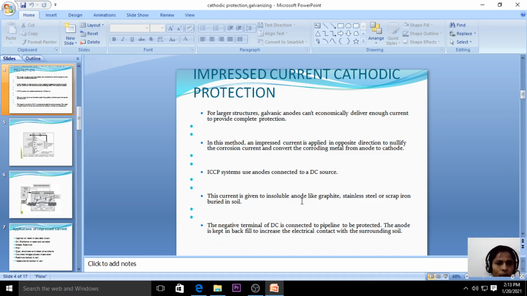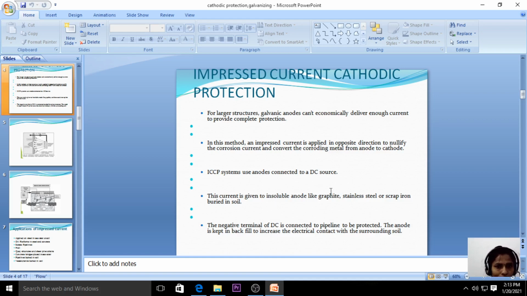So we have seen that we are connecting the two metals with the help of direct current, that is the battery here. And this current is given to an insoluble anode like graphite, stainless steel or scrap iron buried in soil.